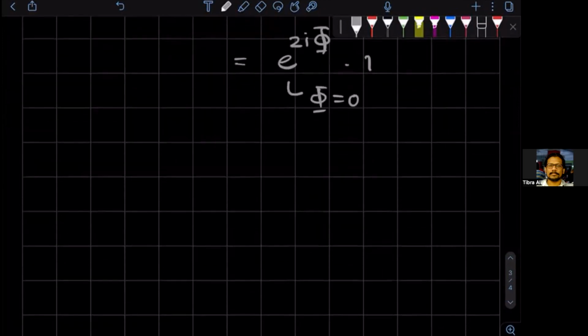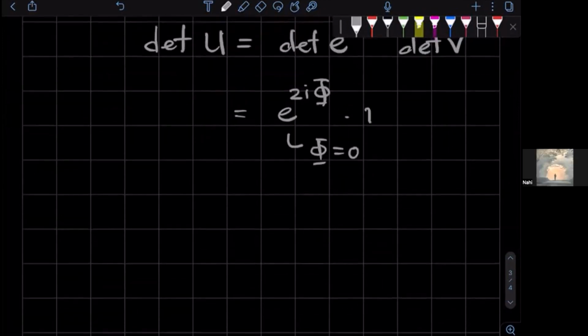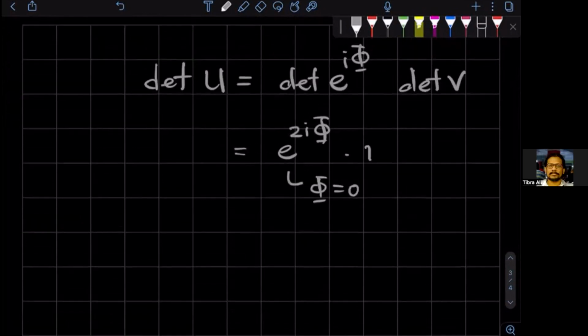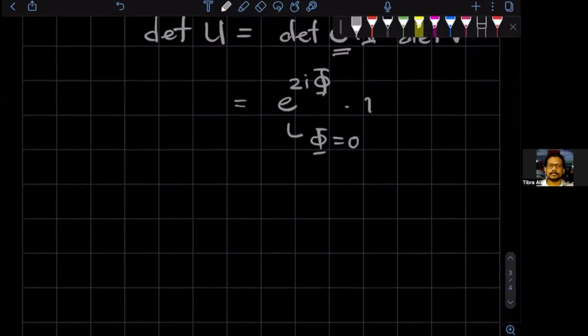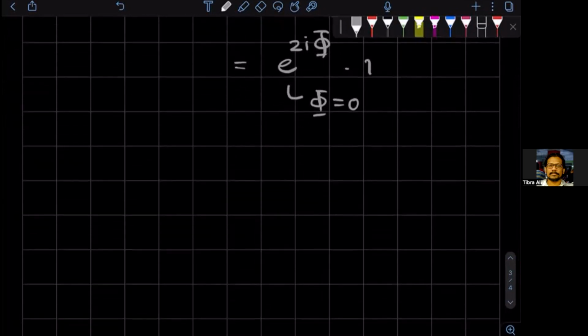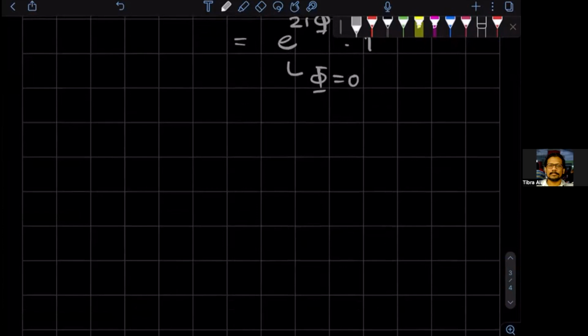Is the determinant of the phase the phase itself? This is just a phase times an identity matrix, right? Oh, okay, so 2 times 2. Yeah, I think that's correct. Anyway, what I wanted to show is that the relevant group is SU2.